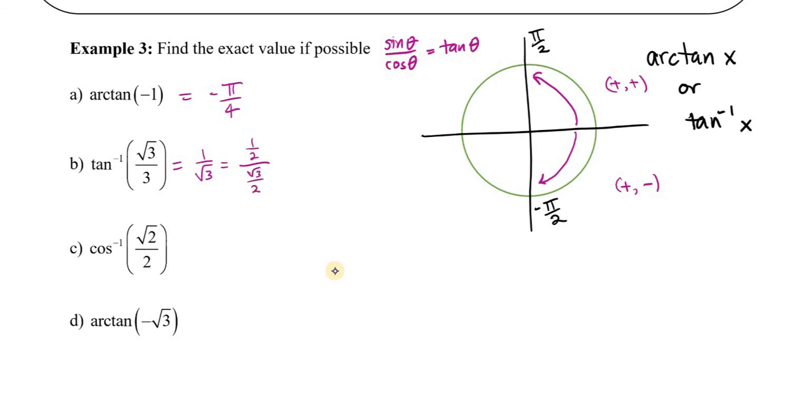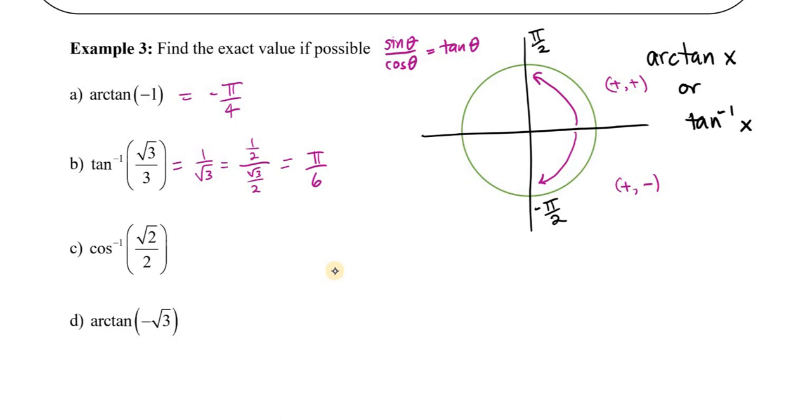So we know that we're talking about a sine of 1/2 and a cosine of root 3 over 2. Well, a sine of 1/2 occurs at pi over 6. These are positive values, so we're going to be in quadrant 1, so we will have the answer pi over 6.